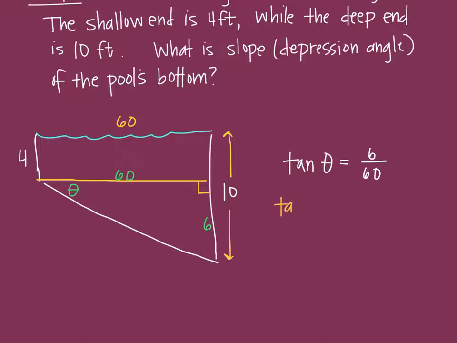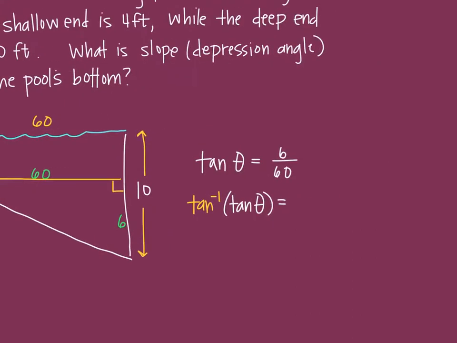So we'll use inverse tangent with parentheses around tangent theta, and on the other side, inverse tangent with parentheses around 6/60. Cross out the tangent and the inverse tangent. So theta would be the inverse tangent of whatever 6/60 is. And I get 5.711.